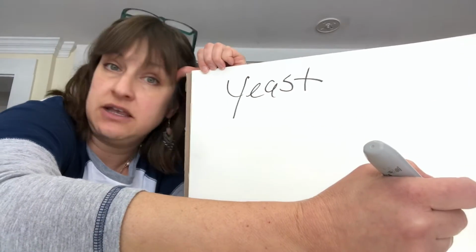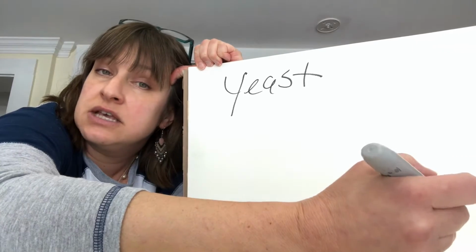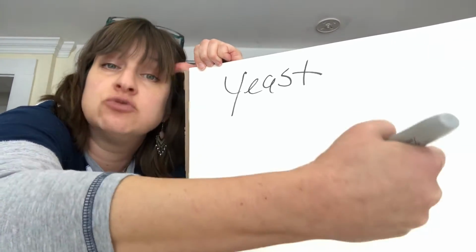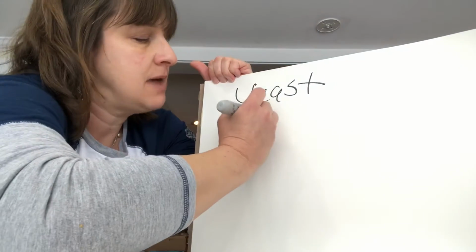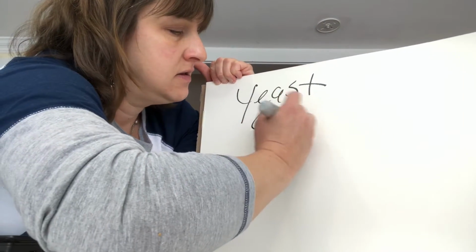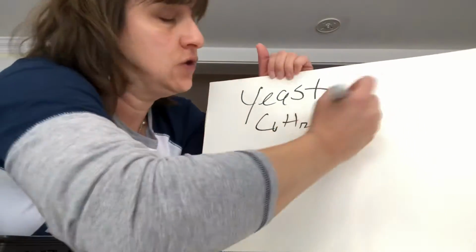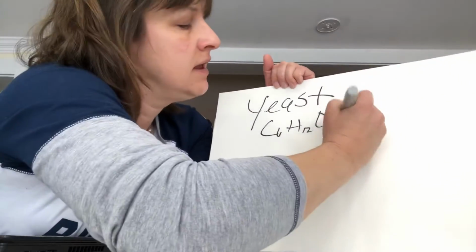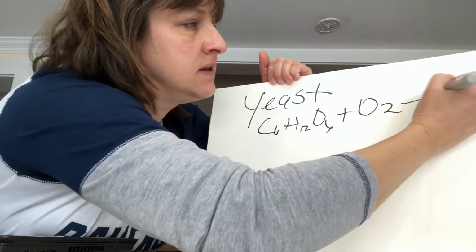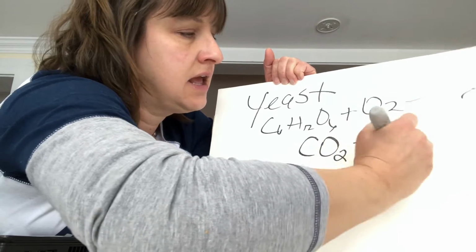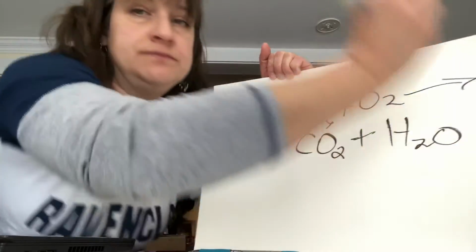So remembering that cellular respiration is the process that cells do where they get energy from sugar. Here is the chemical equation. C6H12O6, that's sugar, and oxygen makes carbon dioxide and water.